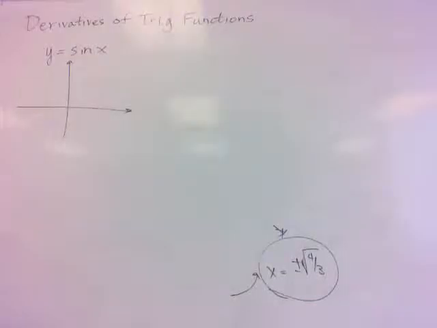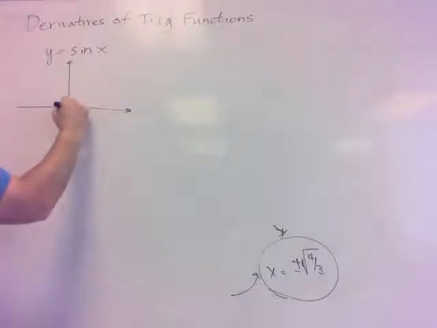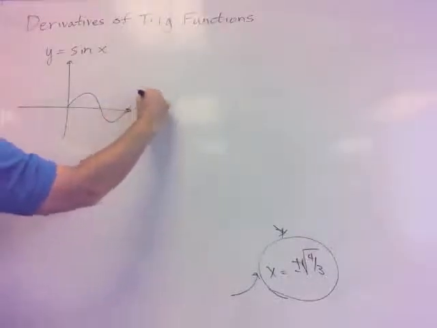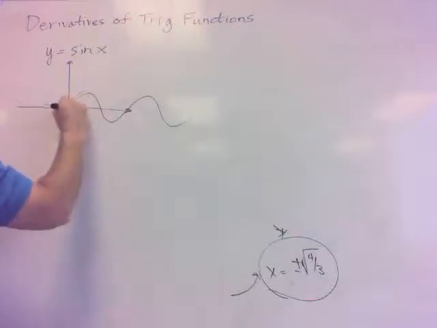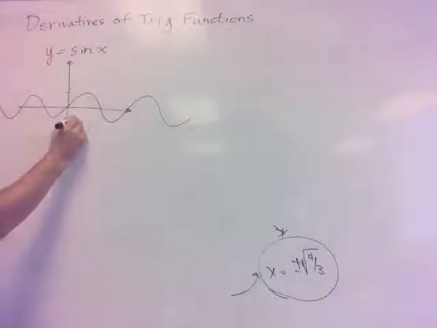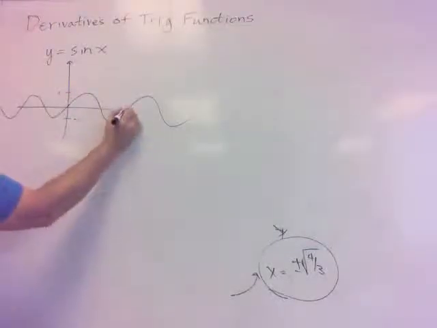It's one of the wavy up and down curves, right? It goes through 0, 0. It cycles up and down between -1 and +1, and it's got a period of 2 pi.